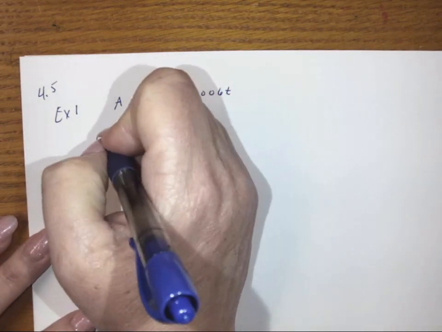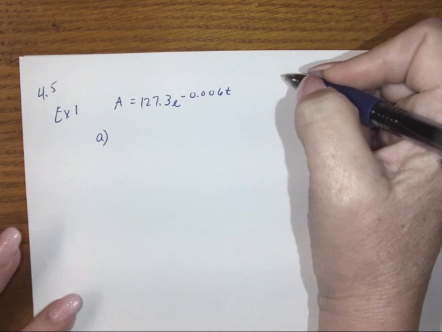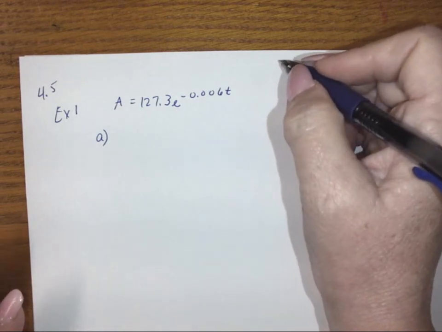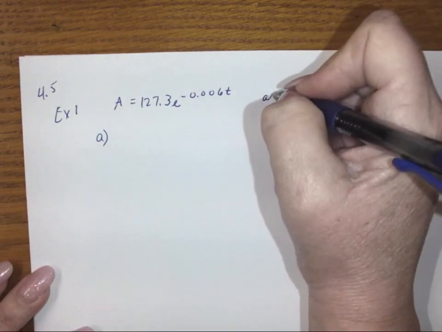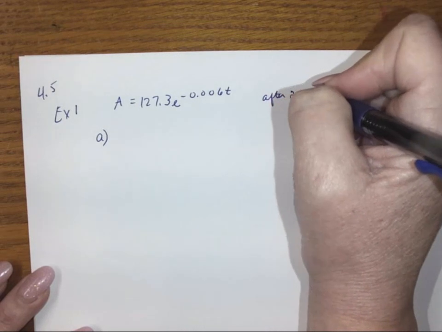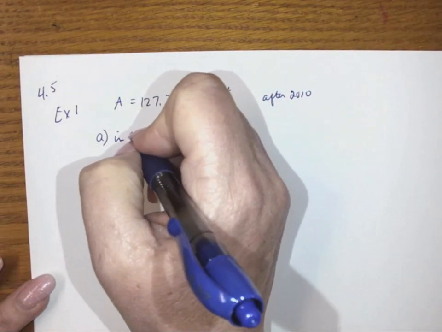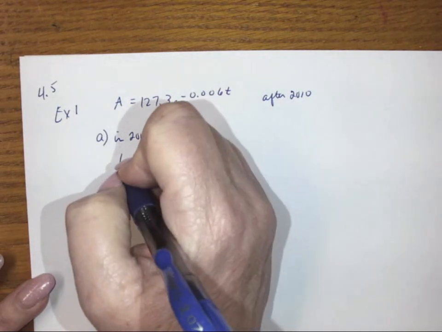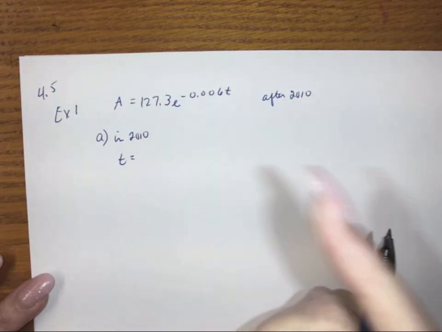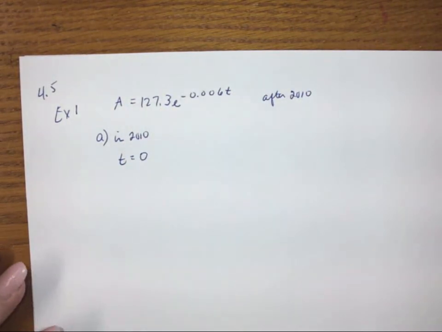For part A, this is after 2010 is our model, but we're asked, what about in 2010? Well, in 2010, the years that have passed are 0 years, and so t is going to be equal to 0.